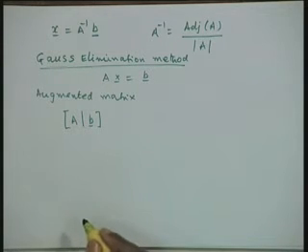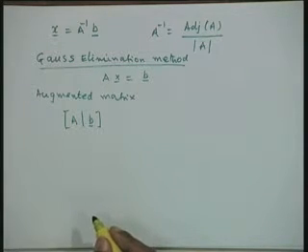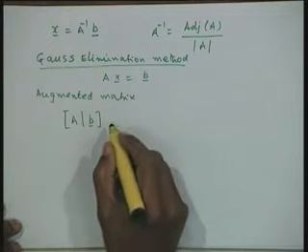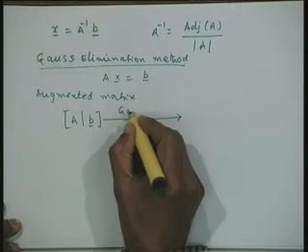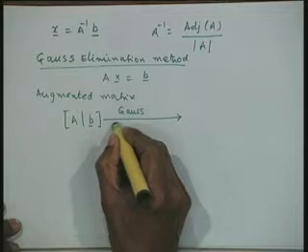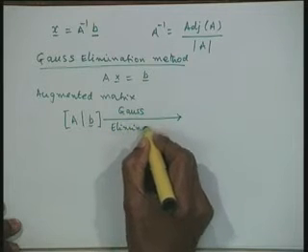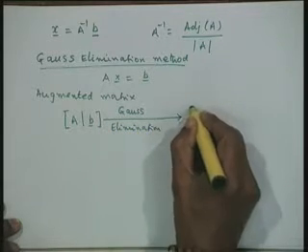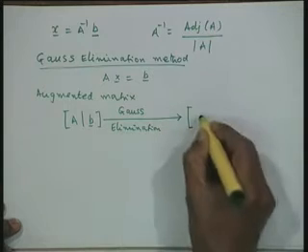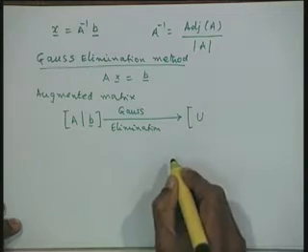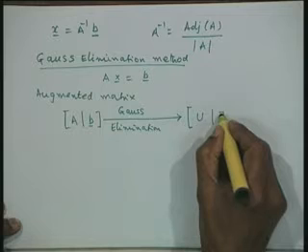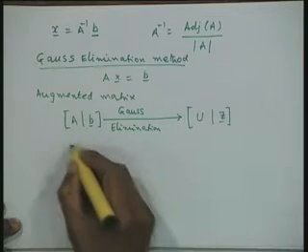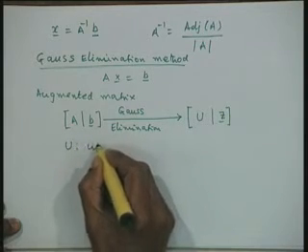What the Gauss elimination procedure tries to do is to reduce this system to an equivalent system. It will attempt to reduce A into an upper triangular form, and in this procedure B gets changed to a new vector Z, where U is upper triangular.